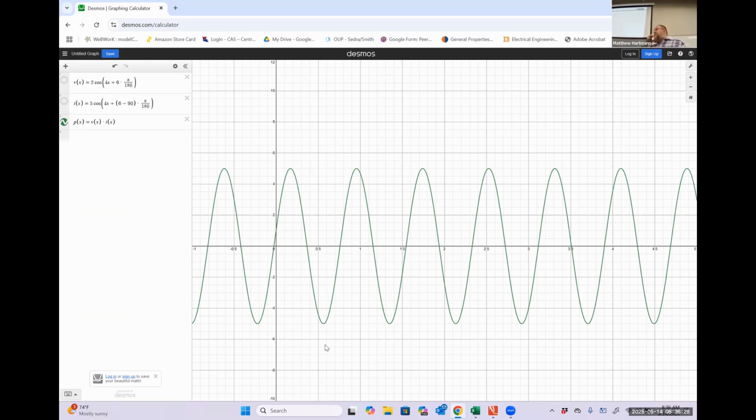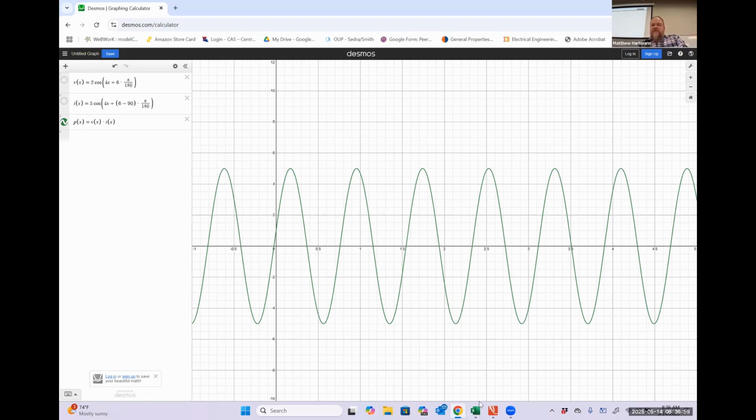So putting just 6 minus 90 there to force this current phase angle to lag by 90 degrees, we can very easily see exactly what I mentioned a moment ago. Exactly half of the time, our inductor is absorbing power, which is represented by all of the positive values for our instantaneous power. And exactly half of the time, our inductor is supplying power, or just sending that energy straight back to the source.